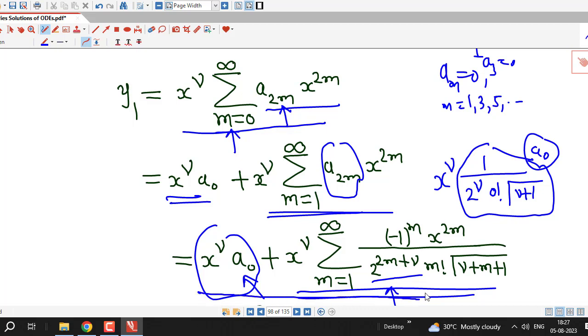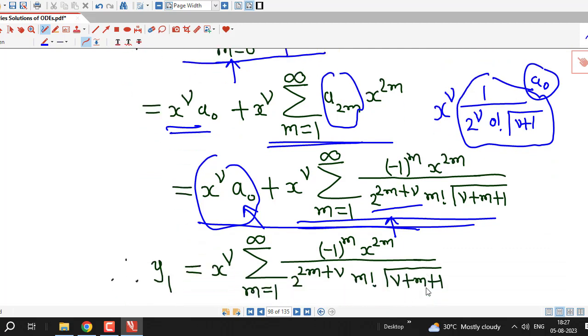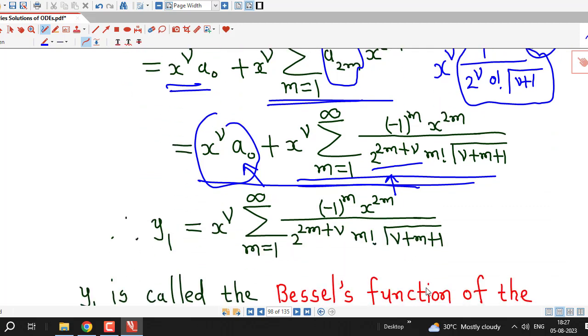Therefore I can again combine these two and I can write down my summation as starting from m equal to 0 to infinity. So let me write here, this is from m equal to 0 to infinity, and this y1 is the first solution of Bessel's equation, and we have to remember this formula. This is a special type of function. It is the solution of Bessel's equation.